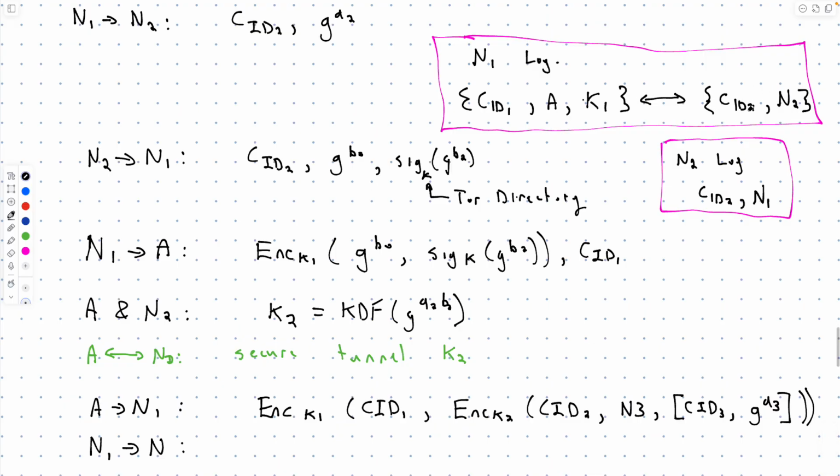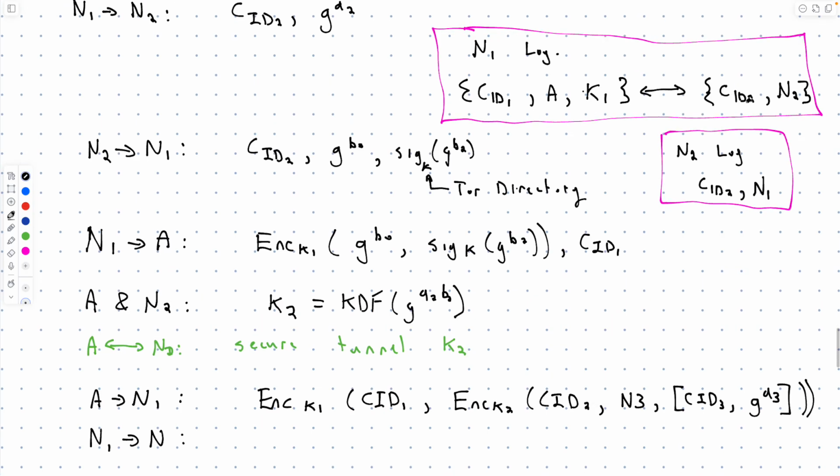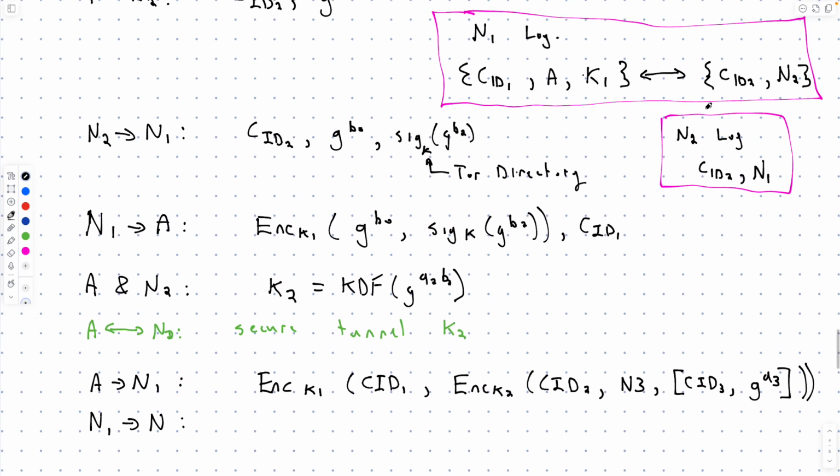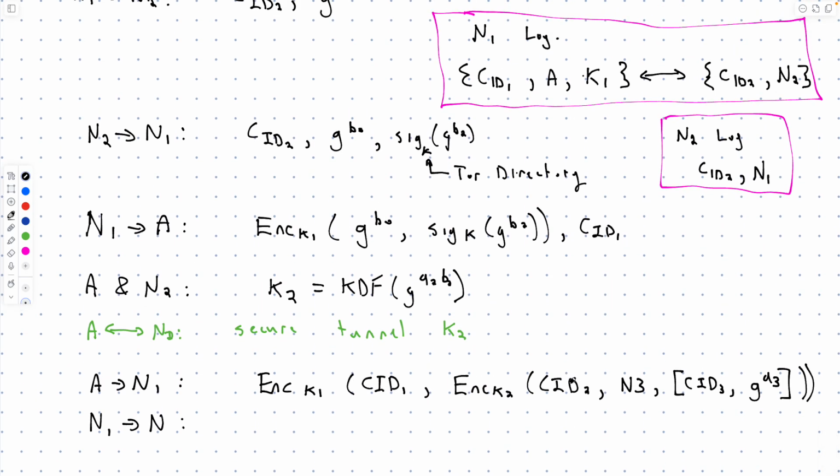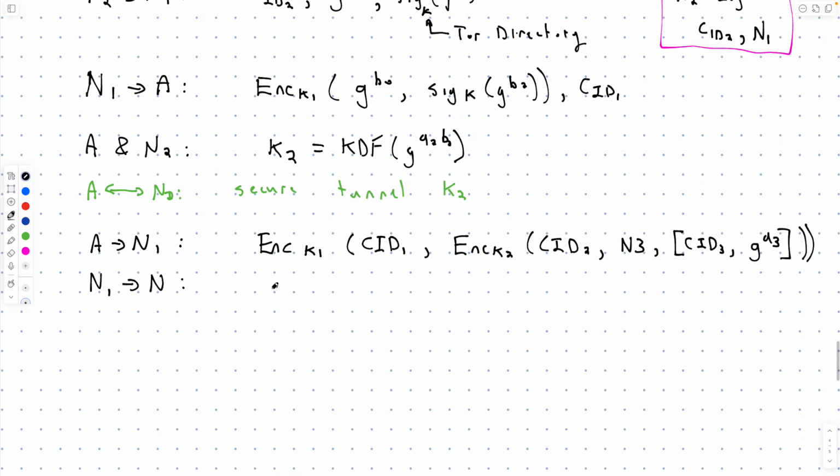Because Alice has marked it with CID2, that's fine. It's just going to send it off to N2. So it's going to strip off the outer layer of encryption. It's going to be left with the encryption of encryption 2, which has CID2, N3, CID3, G to the A3. And it knows that it has to send that to N2.